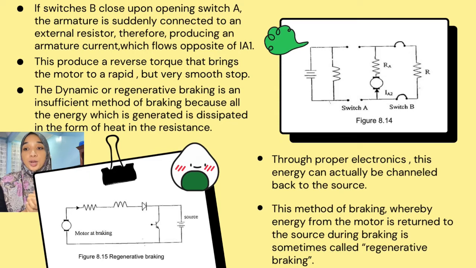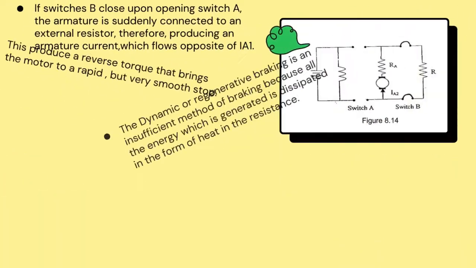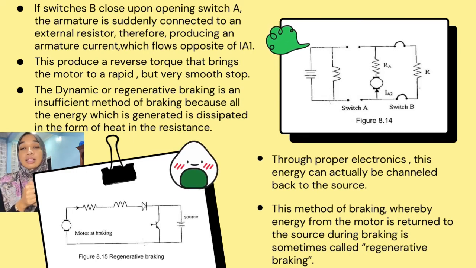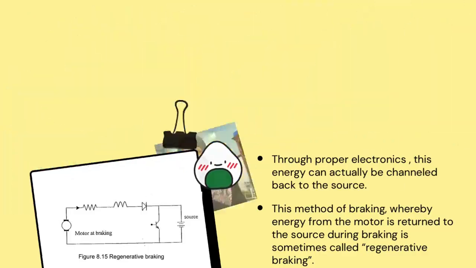This method of braking, whereby energy from the motor is returned to the source during braking, is sometimes called regenerative braking. As additional information, during my research about dynamic braking, also known as regenerative braking in the module, on the internet it was written that dynamic braking is also known as rheostatic braking.